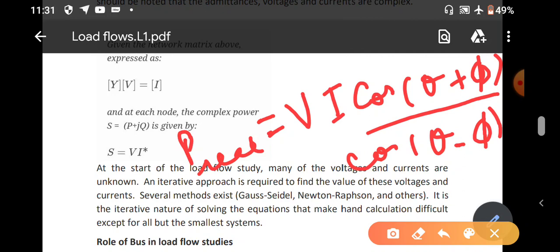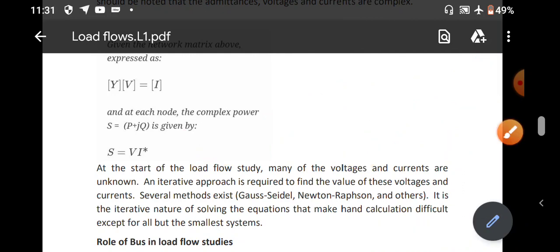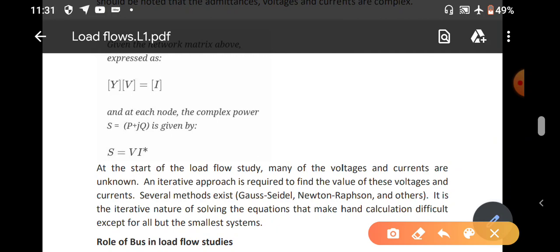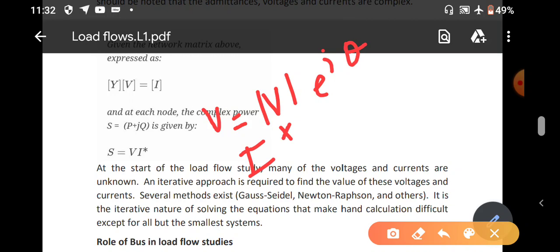Now if we take the complex conjugate of current, then you will see that since this is V and I complex conjugate, that will be equal to I e to the power minus j phi.